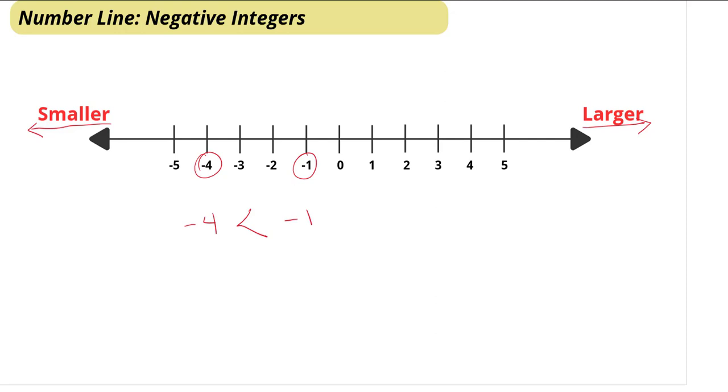Same thing if we were to write -1 and -4, -1 is still the larger number. So we haven't changed the values. They're both -1 and -4. The comparison is still the same. It's still saying -4 is the smaller number, -1 is the larger number. All we did was switch the notation.